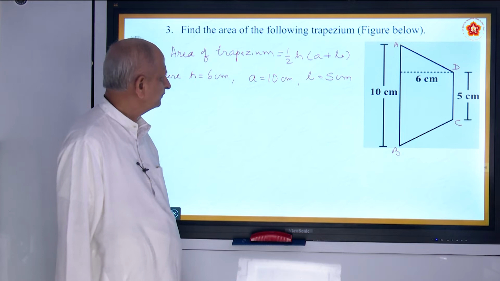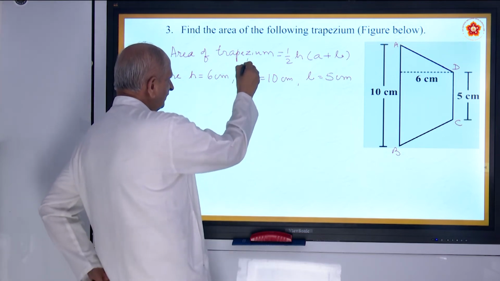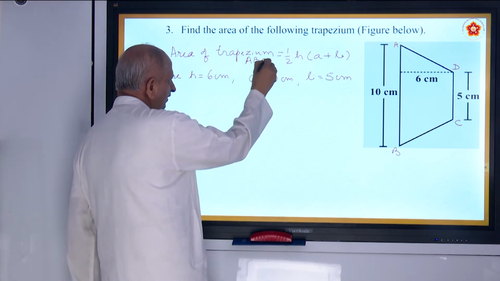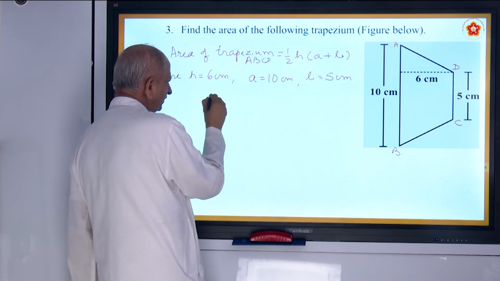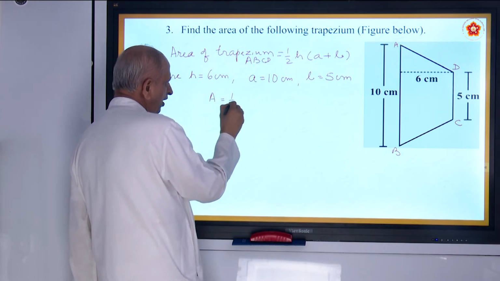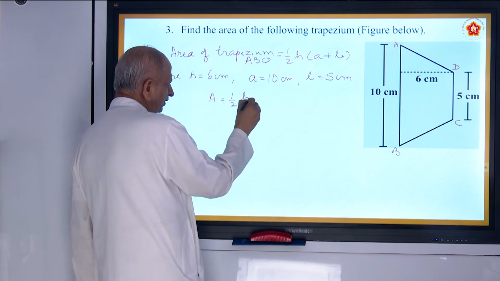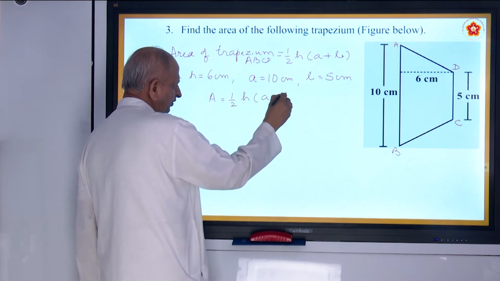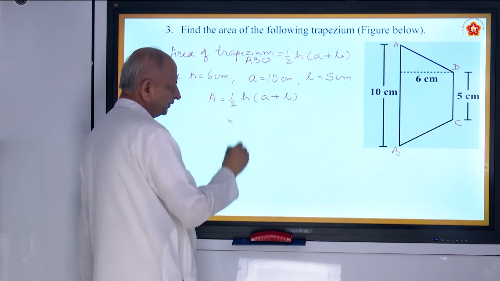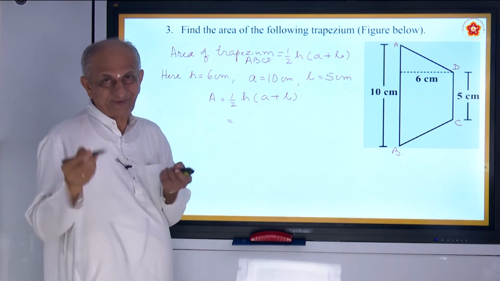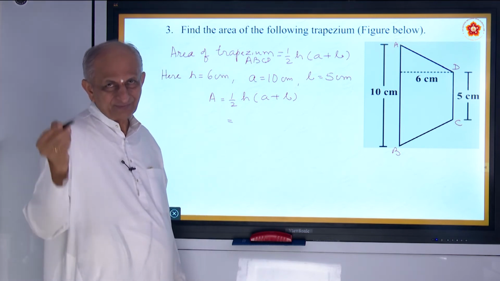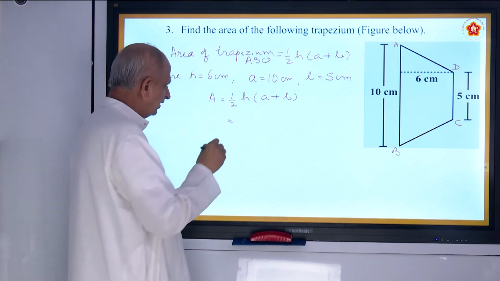Okay. So, if you name it as ABCD, area of trapezium ABCD is equal to half into, again write the formula, h into a plus b. You must practice the formula 10 to 15 times, you must tell it. You must write it down or tell it orally also.